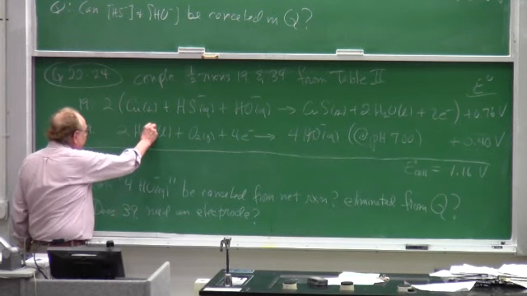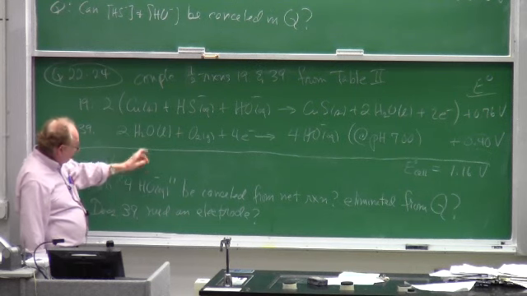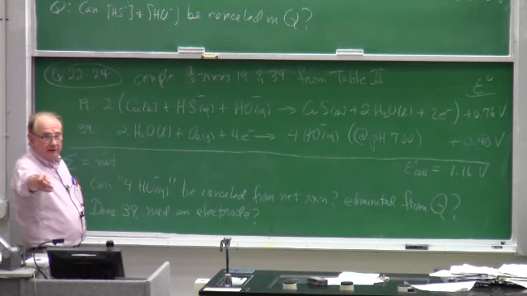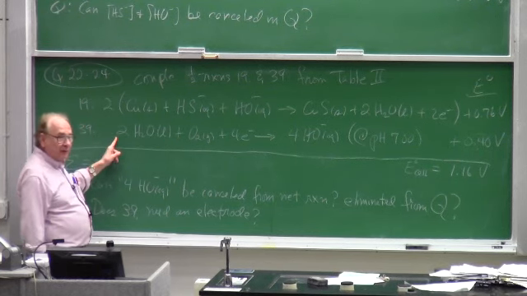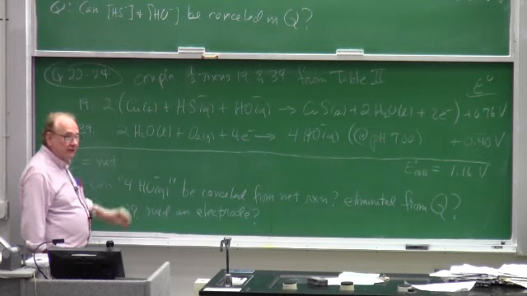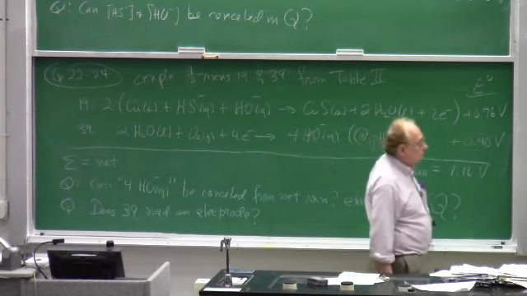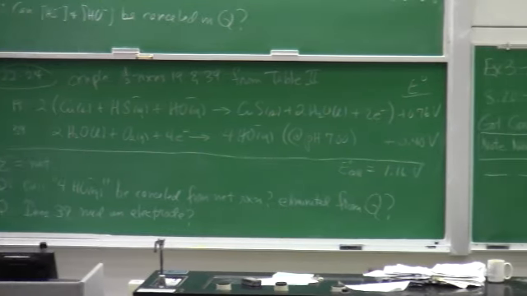Now then, one more question. See this half cell 39? There are a number of half cells or half reactions, if you prefer, on our table. Does this half cell, in order to be used, need to be outfitted with an electrode? What's an electrode?